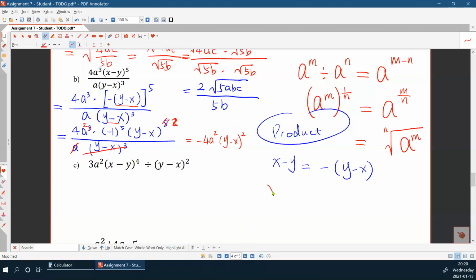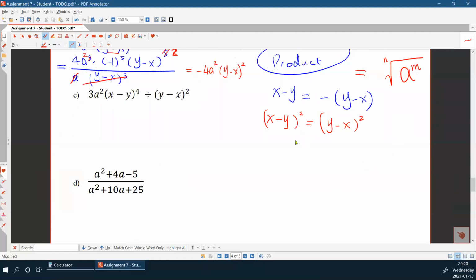And you should also note that (x minus y) to the second power is equal to (y minus x) to the second power, right? Can you see why? Because (x minus y) to the second power is actually minus (y minus x), this one to the second power, right?